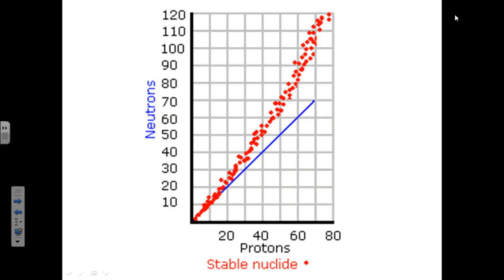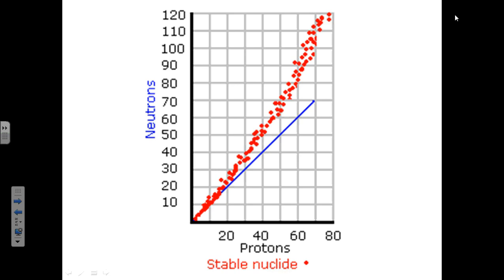All right, this diagram, what's it trying to show us? What's the blue line? What does the blue line represent? Yeah, well, the blue line is a prediction that maybe we ought to have the same number of protons as we do neutrons.